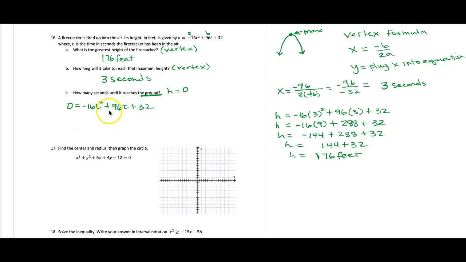All right, and then you can see if this factors nicely. Negative 16 can come out, leaving t squared, and then what is that? Is that 6? And then plus, minus 2.